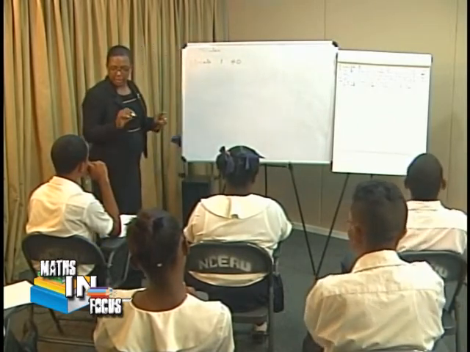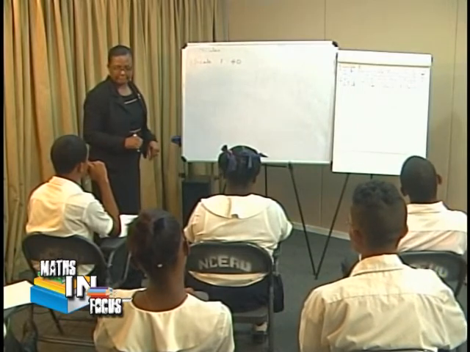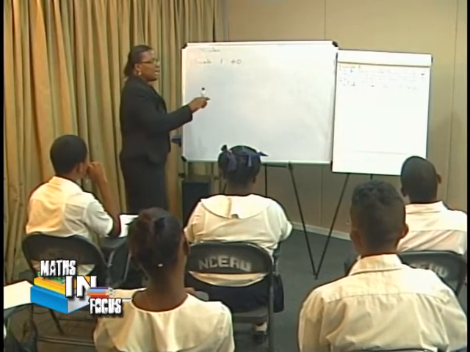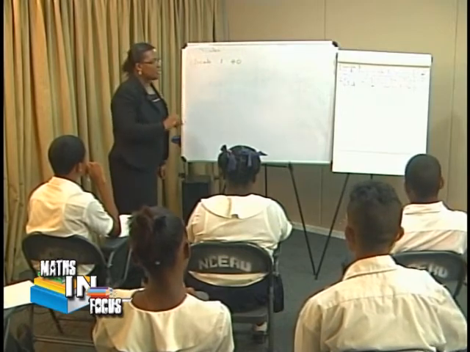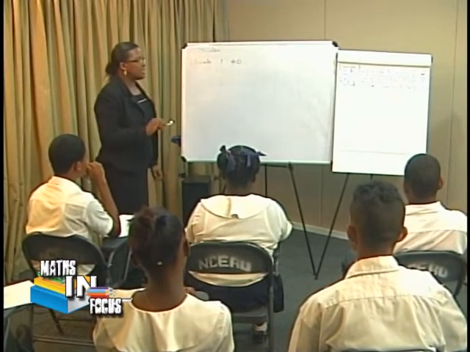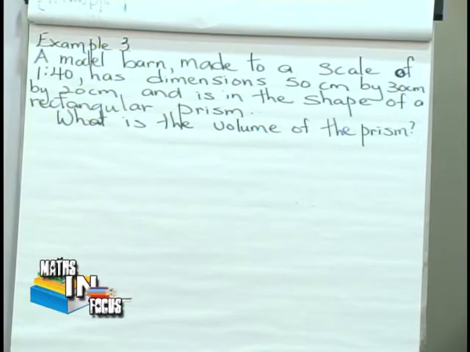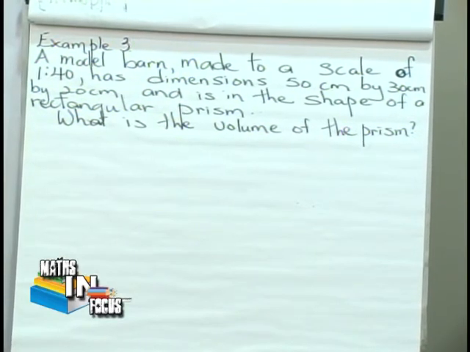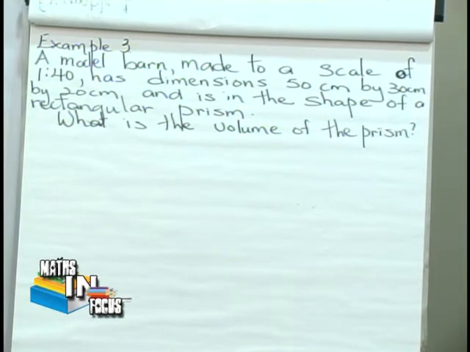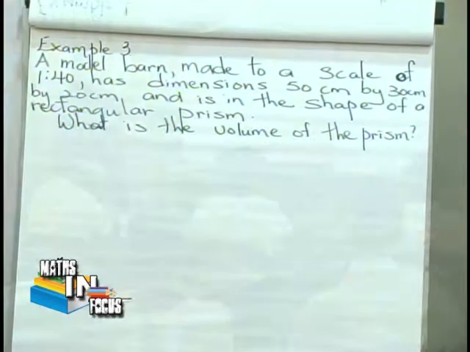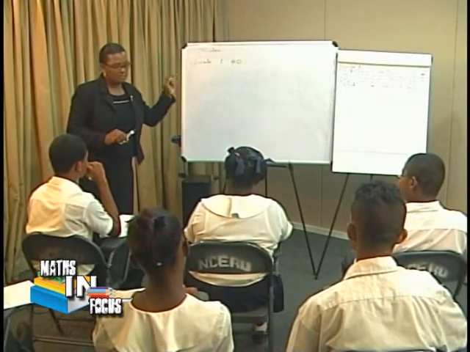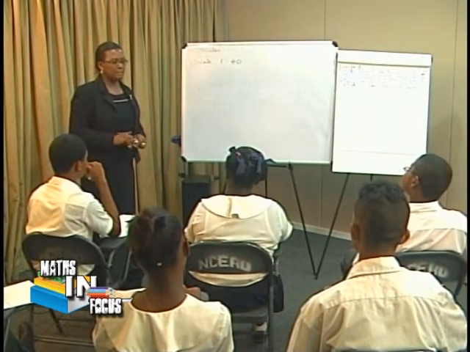Now, here again, it has dimensions 50 cm by 30 cm by 20 cm. What is the volume of the prism? Now, I want you to look at that question and study it a little. You attempt it first, and let me see what approach you will take.